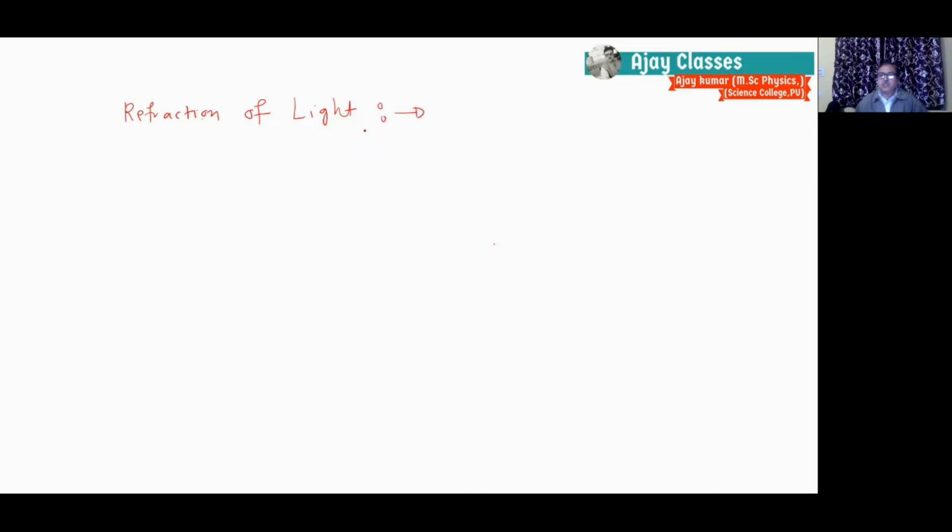To understand such phenomena, we should first think of the medium where the light travels and the medium where the light goes. There are two factors to consider: one, the light source from where it is coming, and the ray of light going towards the other medium.